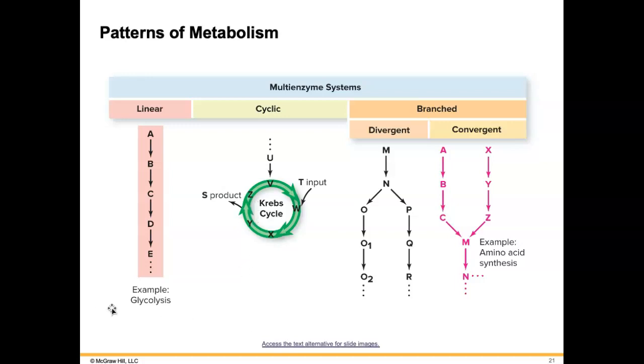linear reactions. And this is just showing that there are linear reactions like glycolysis, cyclical reactions, an example would be the Krebs cycle, which is also known as the citric acid cycle, and then there are branching systems.